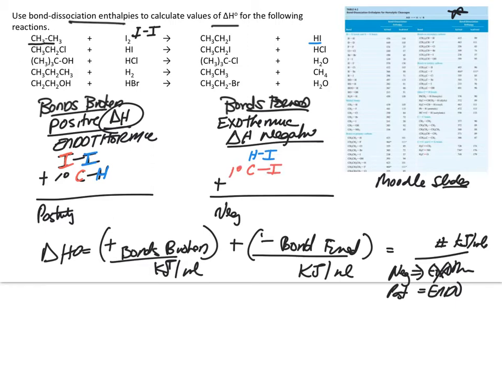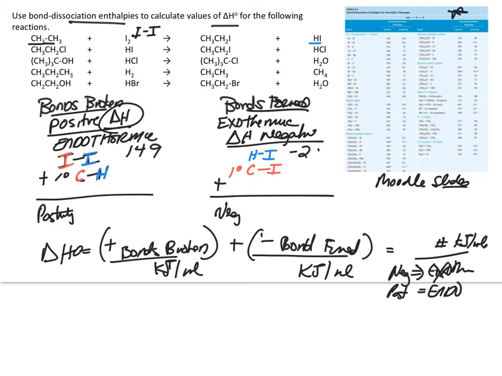Because when you look at these, if I go to Moodle, I'm going to make this really big so I can see it. I see the bond dissociation enthalpies, and then you can add them up. So I see iodine, and I'm just going to use kilojoules per mole, and that's 149. While I'm here, I'm going to go ahead and get my HI, and that's 298.